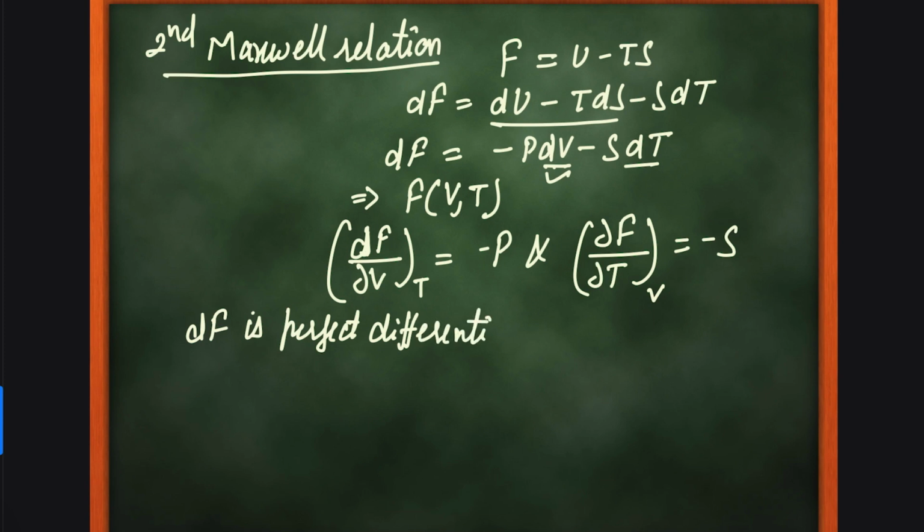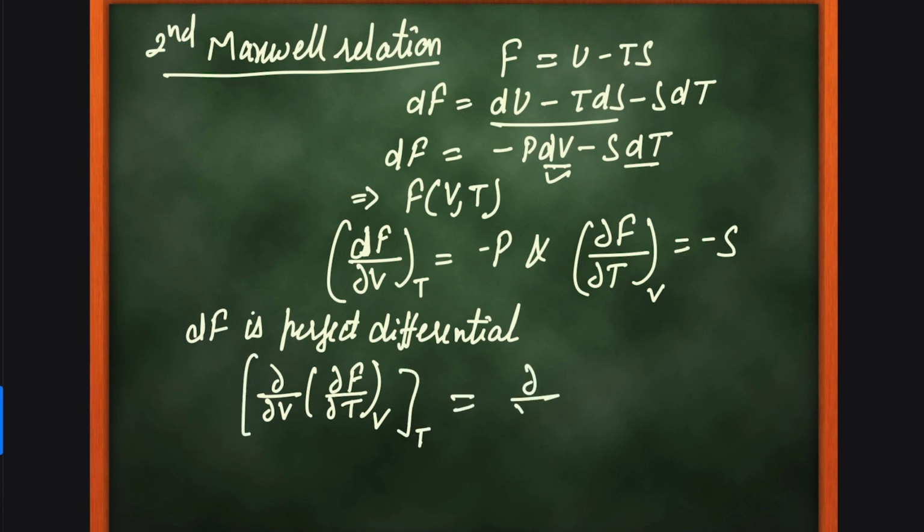So we use that identity, so del over del V of del F over del T at constant volume, and the whole at constant temperature, must be equal to del over del T of del F del V at constant T, and the whole volume constant.